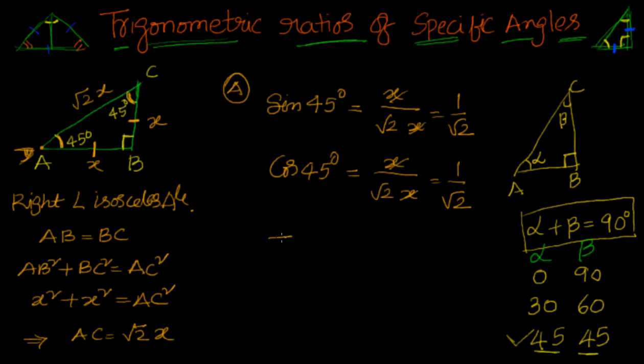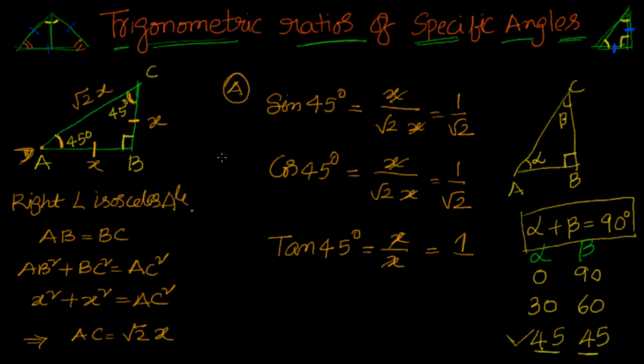Now we want to calculate what is tan 45. That is also easy. Tan 45 is opposite by adjacent, right? x by x, opposite by adjacent. See, you got sin 45, cos 45, tan 45. If you got sine, you can get cosecant.